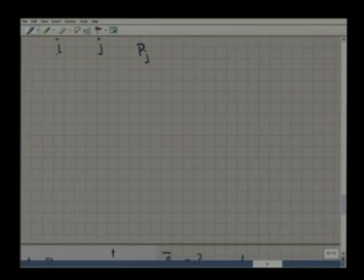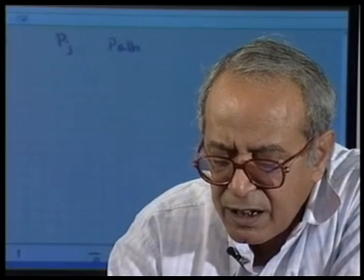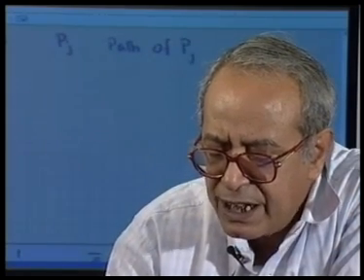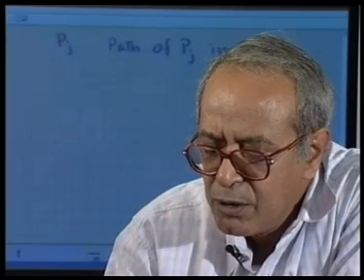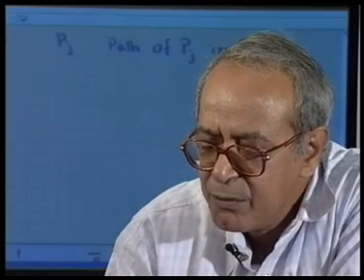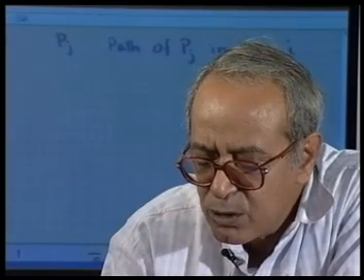This is very important. Whether it is the path of Pi in body j is known, or whether it is the path of Pj in body i is known. So here I am assuming the numbering is such that it is the path of Pj in body i, body numbered i, is known.